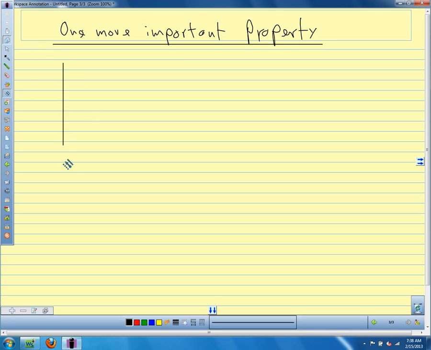So we're just looking in the plane now. And we're going to look at one level curve, a portion of a level curve. So here's my portion of my level curve.